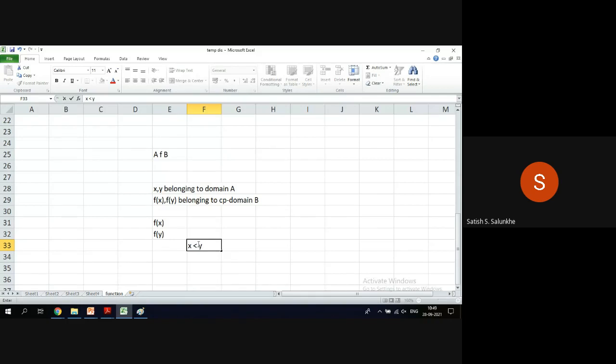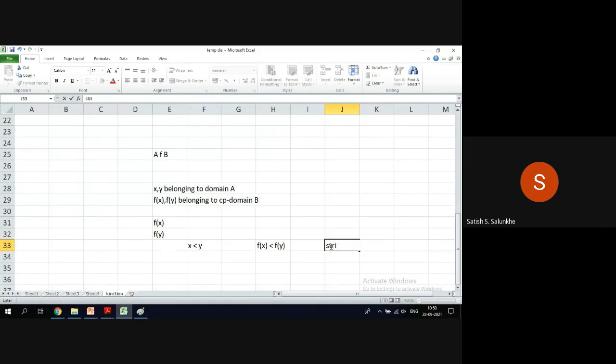If you take any two elements x and y such that x is less than y in the domain, you need to observe what f of x and f of y are. If for that, f of x is also less than f of y in the codomain, for any two elements where x is less than y in the domain, and you observe the relationship that f of x is less than f of y, then we say it is a strictly increasing function.